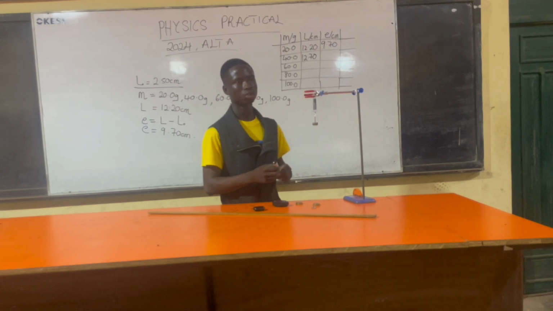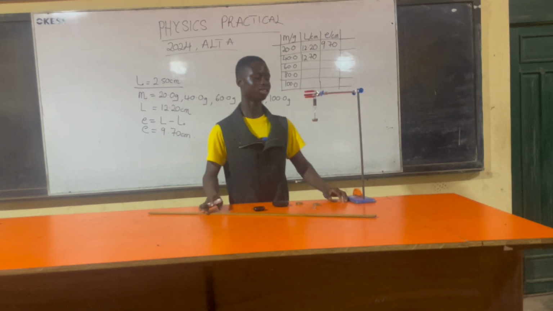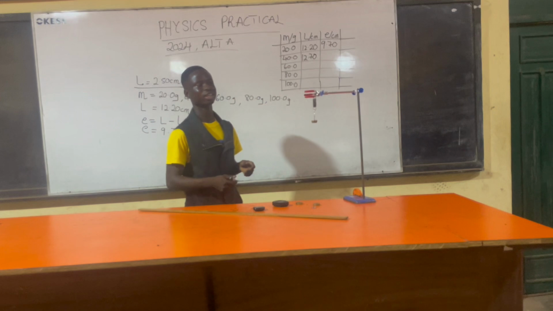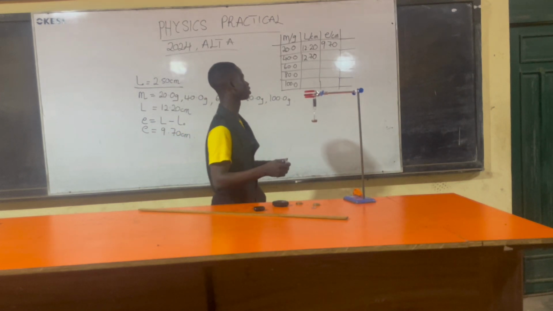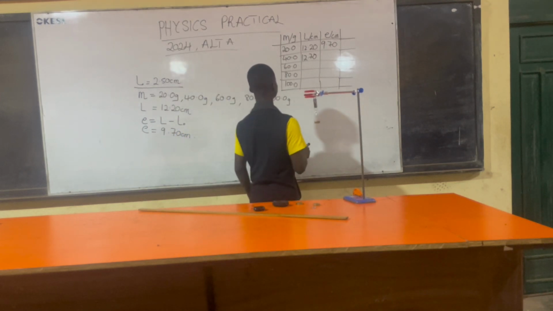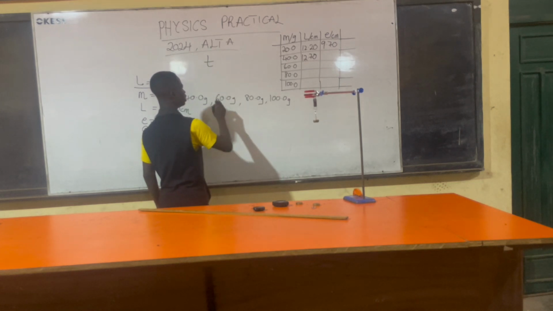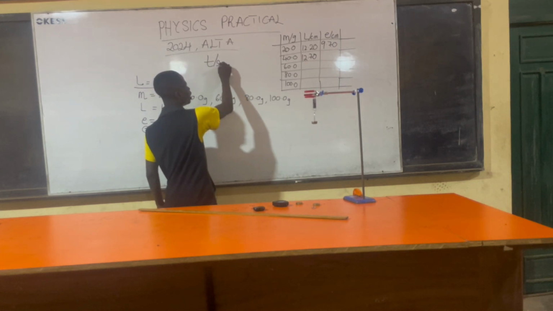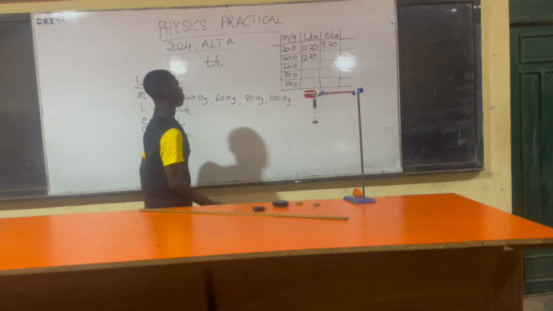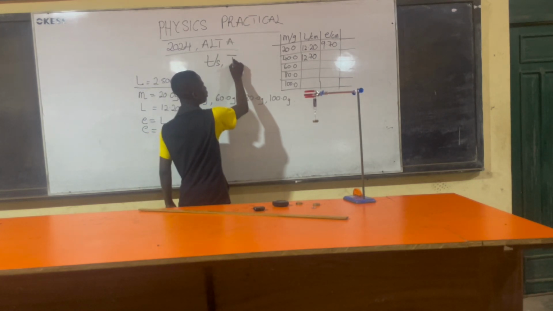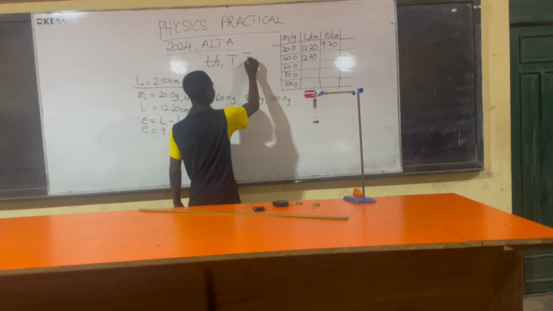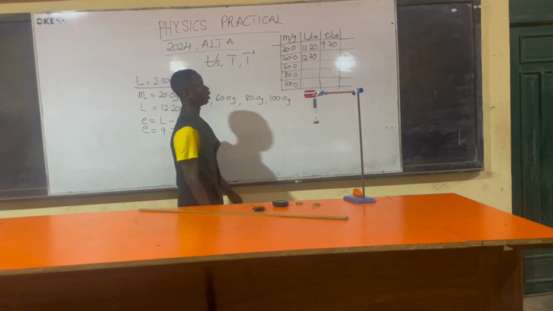As it is oscillating, we are to measure the time t for 20 complete oscillations. Time is in seconds. After that, we are to find the period, which is capital T, and the square of the period.